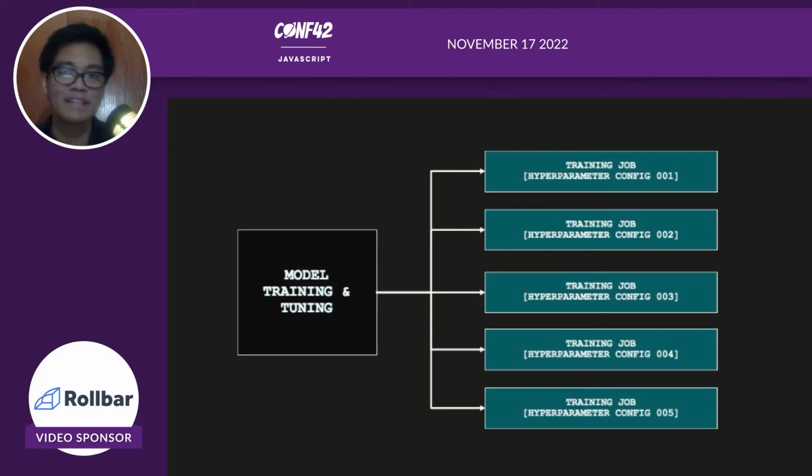In most of the basic examples that we're aware of, we usually deal with one machine learning experiment. So one machine learning experiment may produce one model. However, in real life, we would need to produce multiple models. We would do a lot of iterations in order to get the best model possible.